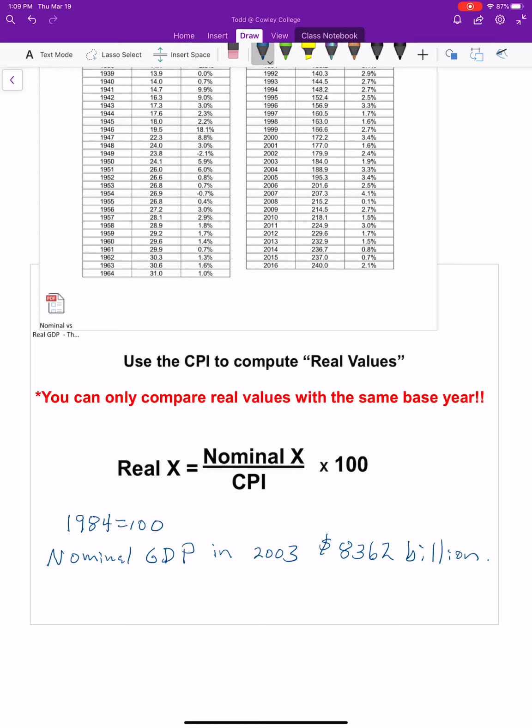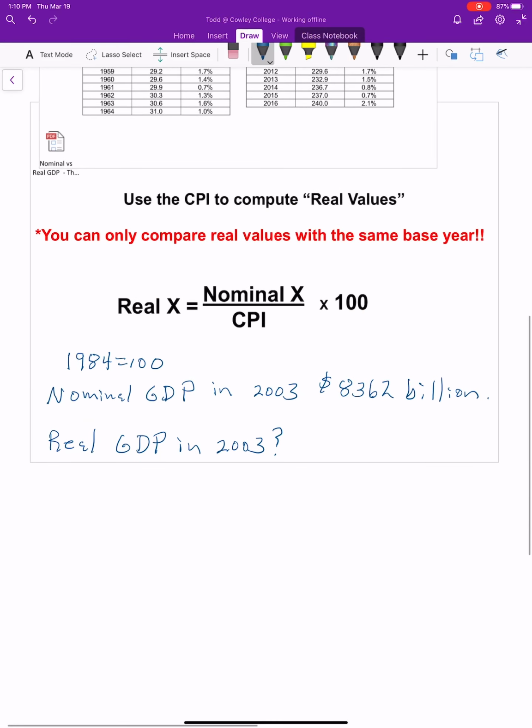Okay, so what we want to know is what is real gross domestic product in 2003. So here's what we're going to do. We're going to start out with this very simple generic equation, and we are going to make it very specific to the question that we have at hand.